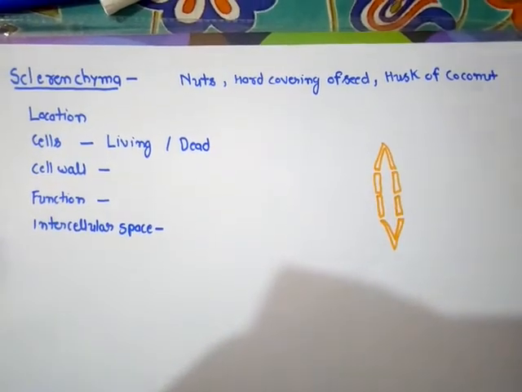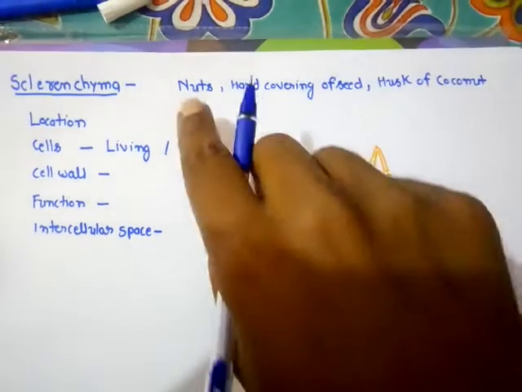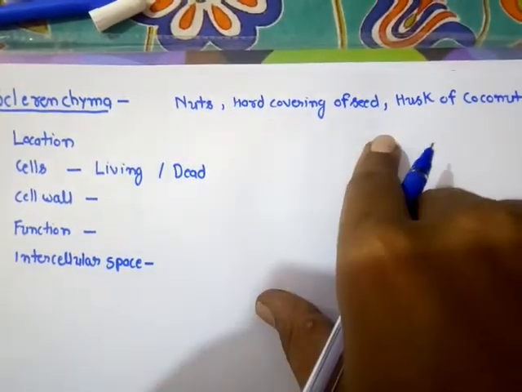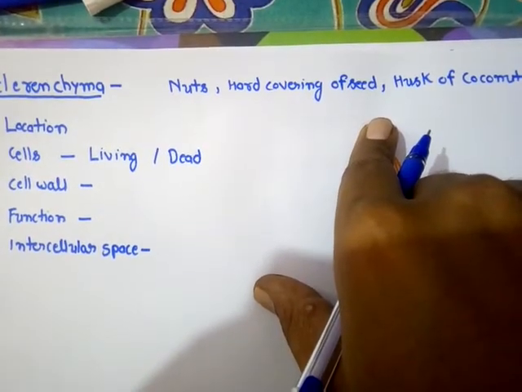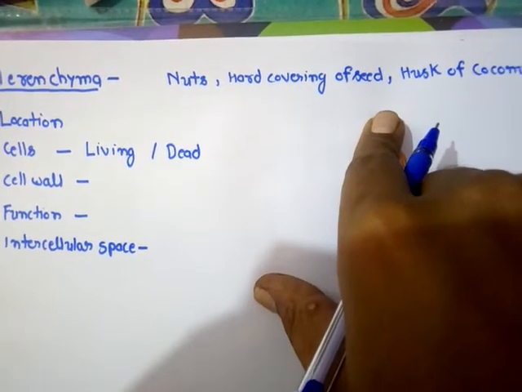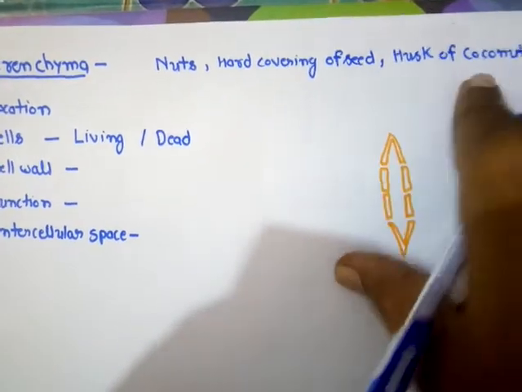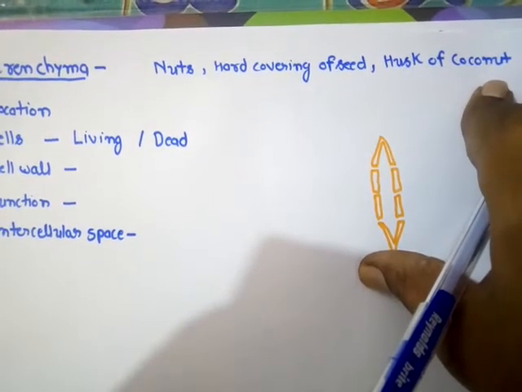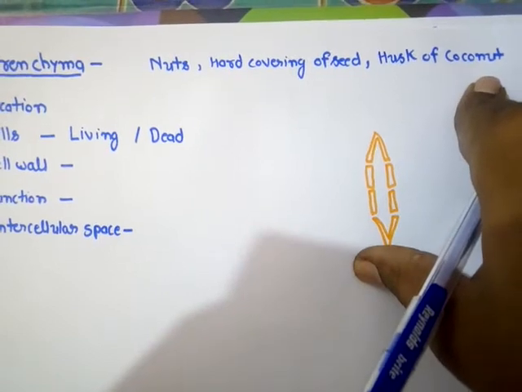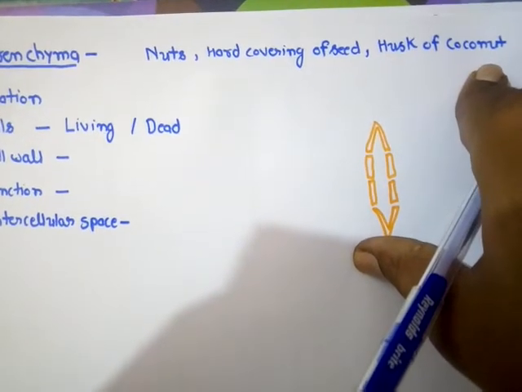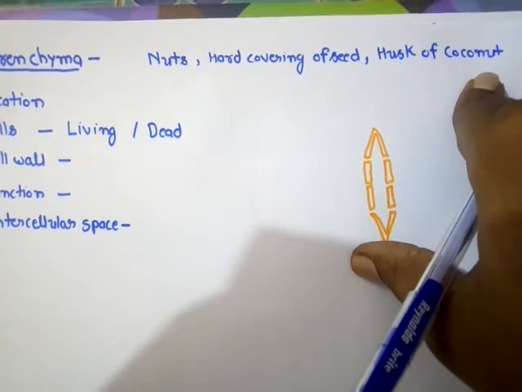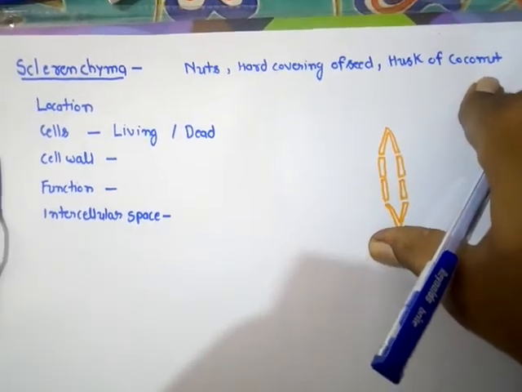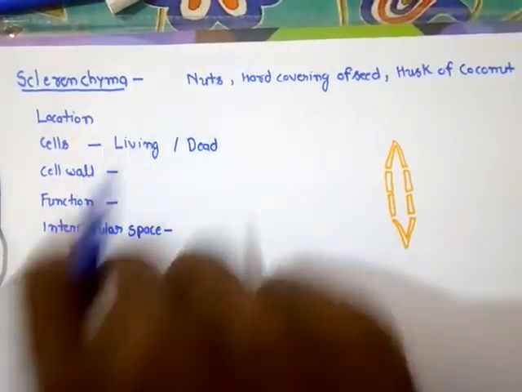Have you ever seen some of the hard parts of the plant, like the nuts that you eat, the shell of pistachio or almond? Hard covering of some seeds, some seeds have a very hard covering. Have you seen the stone of a mango? It has a hard covering. And the husk of coconut, the covering on the coconut you purchase from the market, the husk is very hard in appearance, very tough, very stiff. They are hard, tough and stiff, and all these hard, stiff and tough parts of the plants contain a simple permanent tissue that is called sclerenchyma.